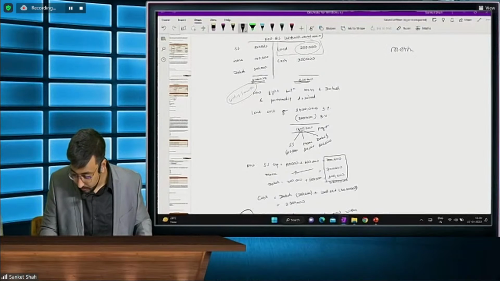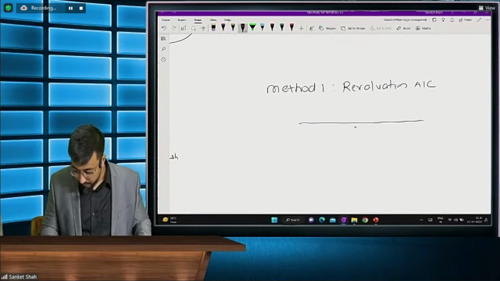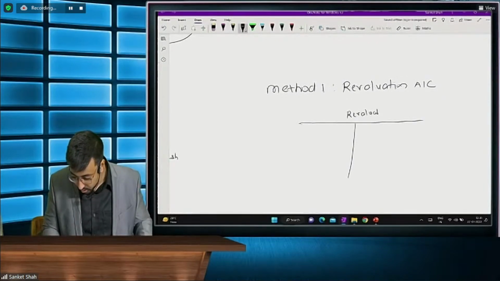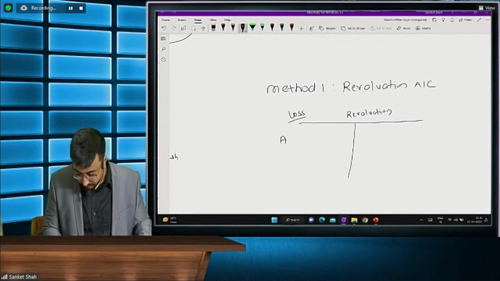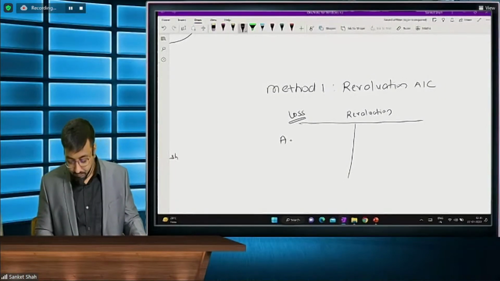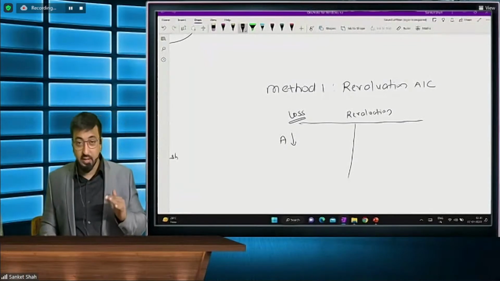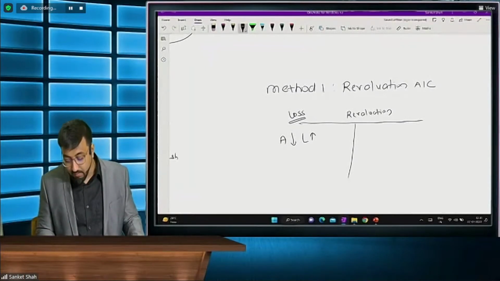Method 1, write down revaluation account. Revaluation, beta, if it is a loss, means loss कब होगा? If asset decreases, my land की value decreases or my liability increases.